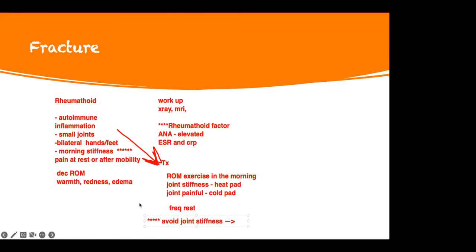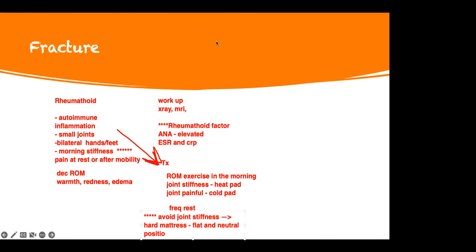So like really flat, in a neutral position. So hard mattress. It's not comfortable, but sorry, that's the only way we can prevent it. So hard mattress. Whatever the disease process, we want to keep it flat and in neutral position. So you have to teach them that in order to avoid stiffness in the morning.